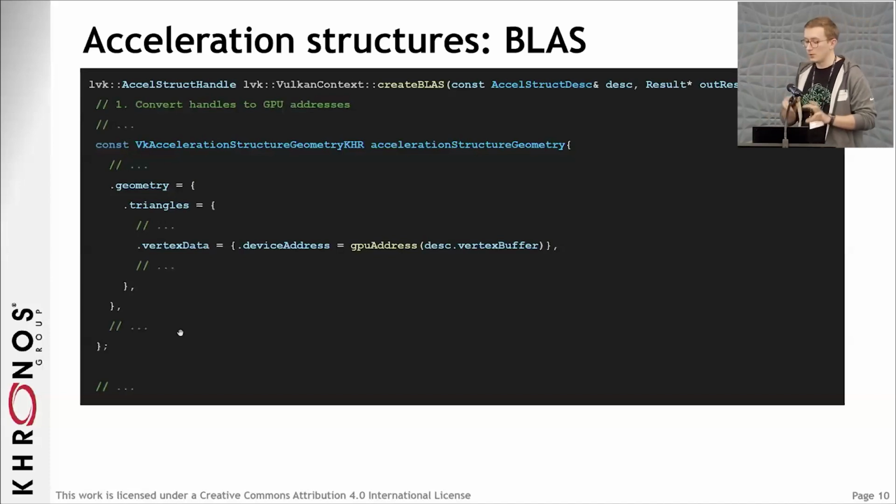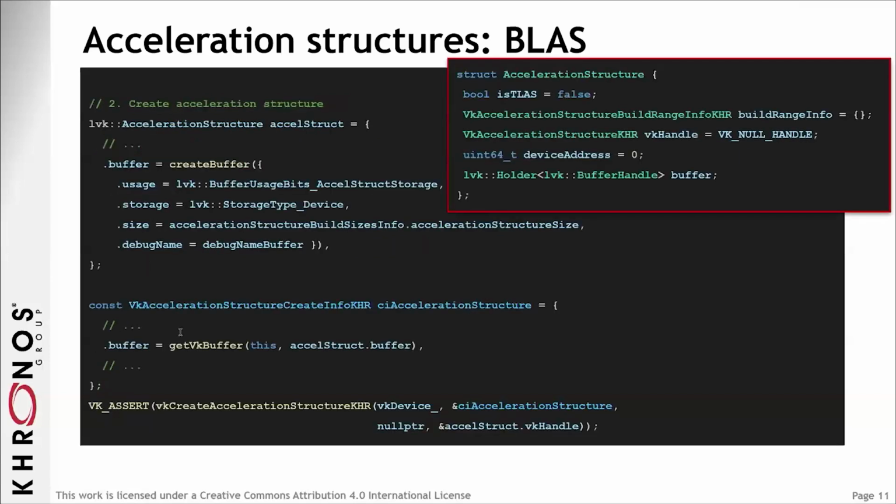So users will not work with GPU addresses directly, only via handles for objects. Then we fill out this structure. We created some helper structures for acceleration structures. They include useful information like a link to the buffer that actually owns it, a fast link to the device address, and other information we require later to use them.